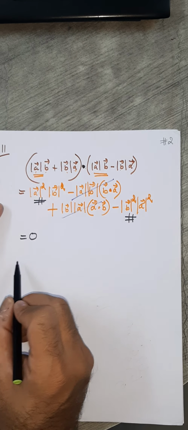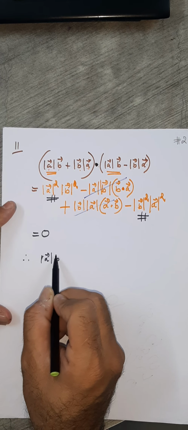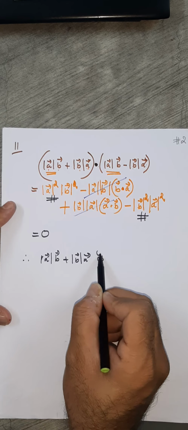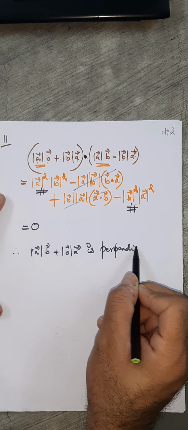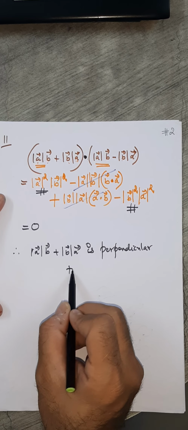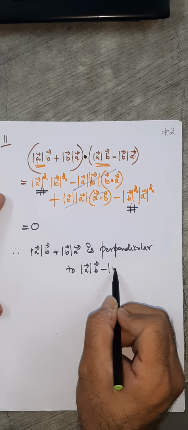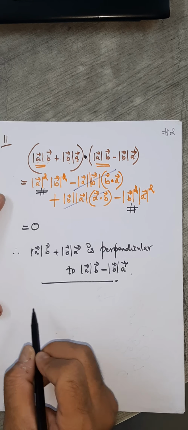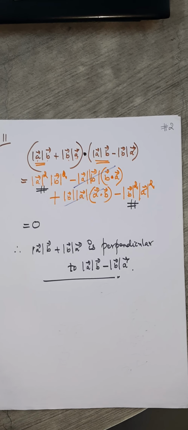You have shown that the dot product is 0, therefore this plus vector magnitude of B vector A is perpendicular to this vector, right? That's proved. Just I've shown that dot product is 0, remember, with the help of properties, distributive properties effectively we are using.